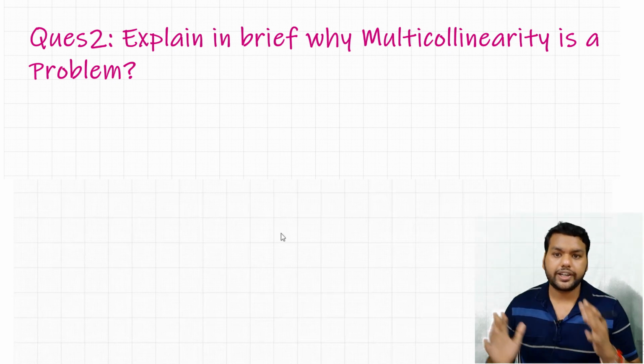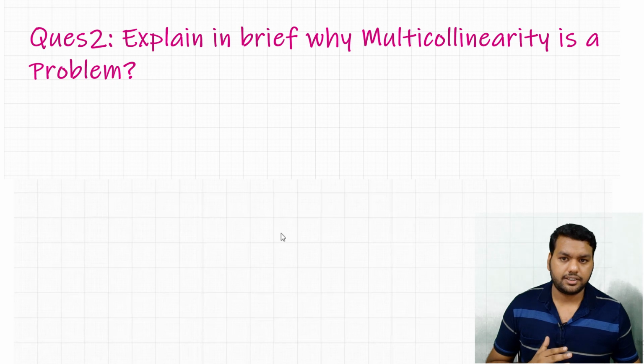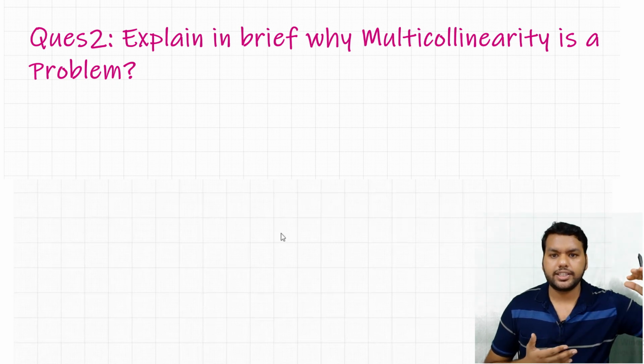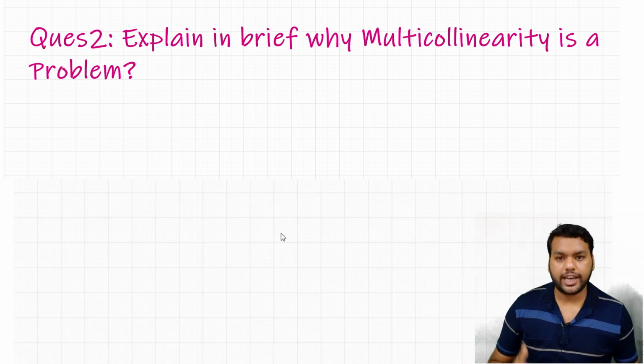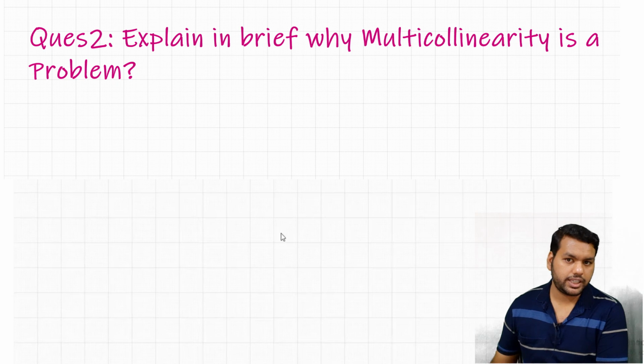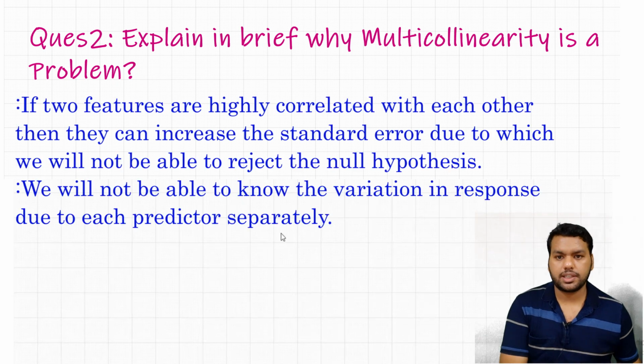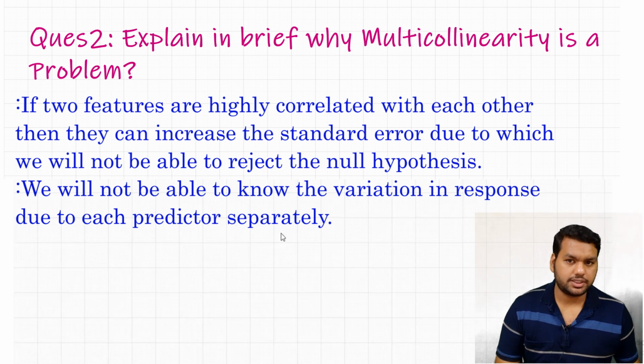That is, collinearity can increase the standard error. Once the standard error increases, we are unable to reject the null hypothesis. The null hypothesis claims that there is no relationship between the response and the predictor, and we fail to reject it if the standard error is increased too much.